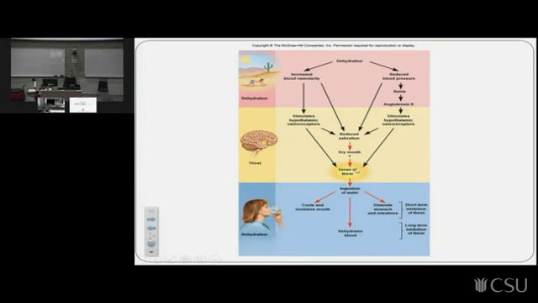The sensation of thirst will then lead us, hopefully, to ingest water, which cools and moistens the mouth, rehydrates the blood, increasing blood volume, and distends the stomach and intestine. So there is short-term inhibition of thirst and long-term inhibition of thirst.